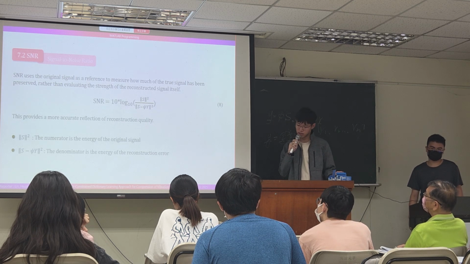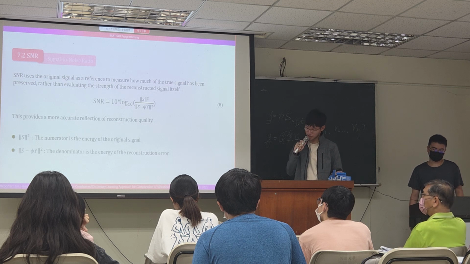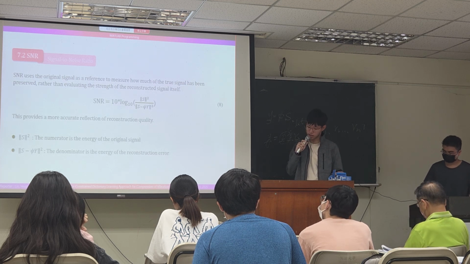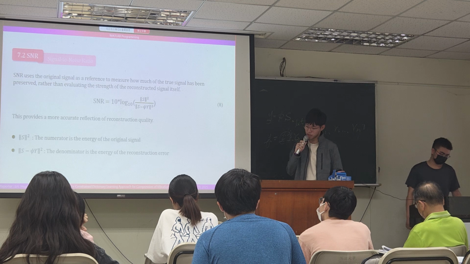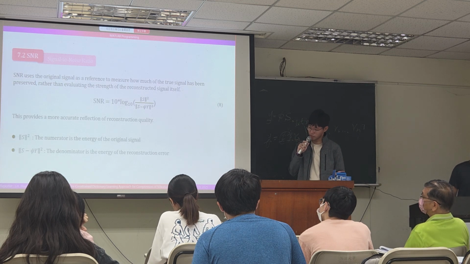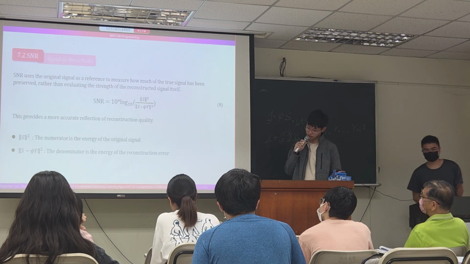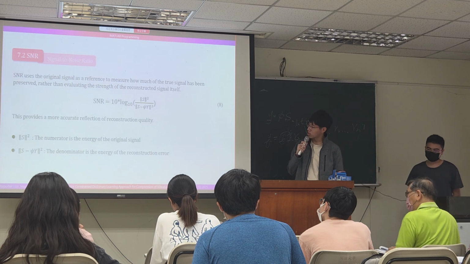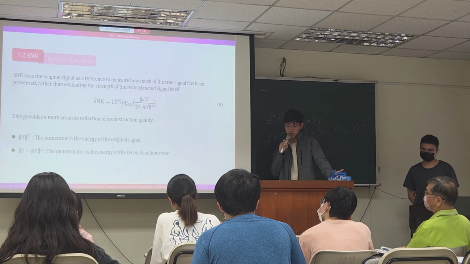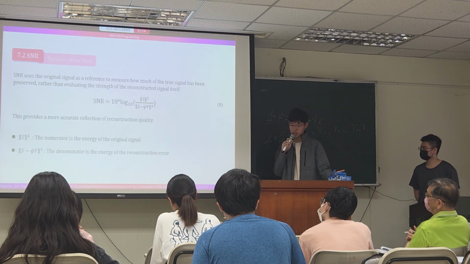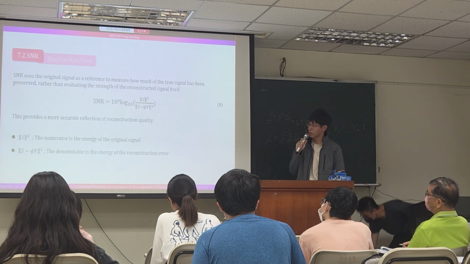A higher SNR indicates a stronger signal relative to noise, meaning better reconstruction, and a lower SNR implies more noise contamination. If the SNR is below 0, the signal is almost entirely overwhelmed by noise.